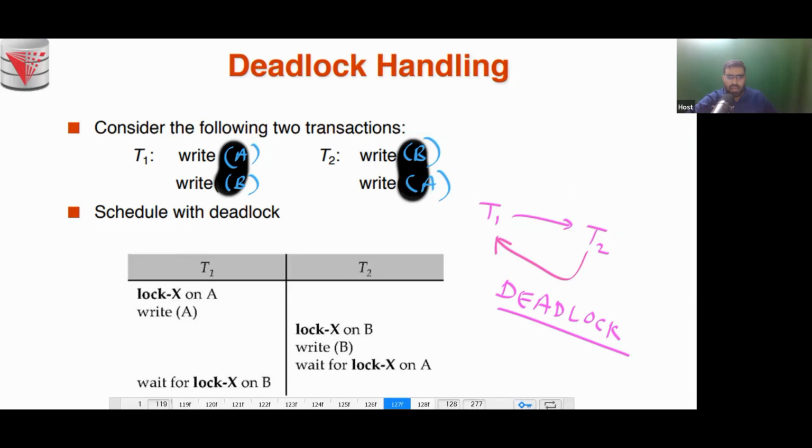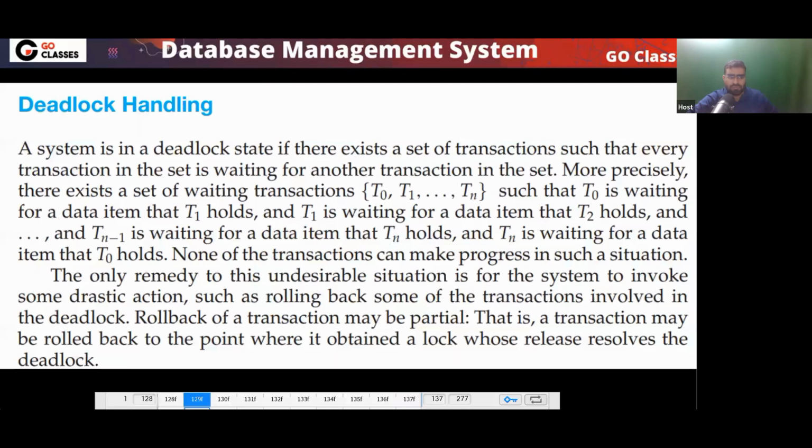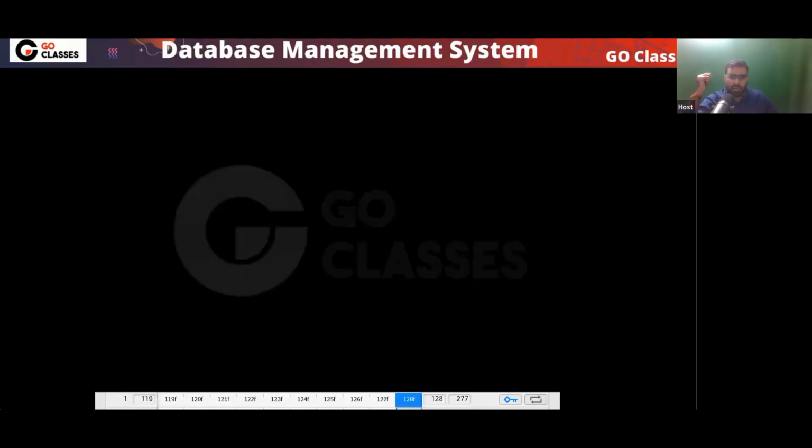Now, let's see how to prevent the deadlock. First of all, what is deadlock? The definition says that if you have a system in which you have many transactions and there exists a set of transactions in which every transaction is waiting for another transaction, then that is called a deadlock situation.